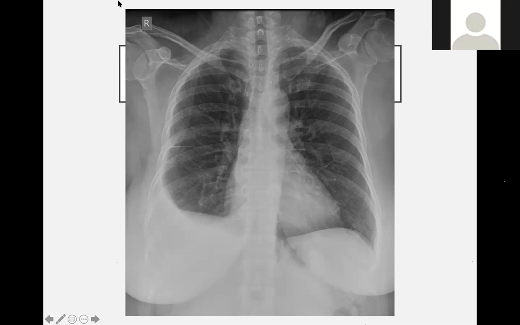In terms of B, the actual lung tissue, it goes all the way to the edges. Yes, and there seems to be, I'd say, in the bilateral upper zones, quite prominent hilar tissue.